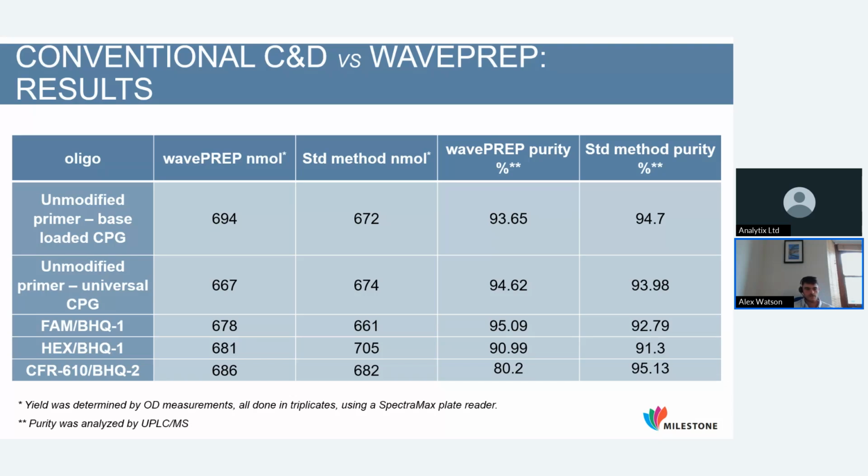Secondly, when we're measuring purity using UPLC or MS, again, we're getting really comparable and in some cases higher purity levels. This is incredibly impressive if you consider that we're using the exact same method for all of these. It might be the case that we could get even higher purity levels and yields by slightly tweaking the WavePrep method, but here we're just using one method.